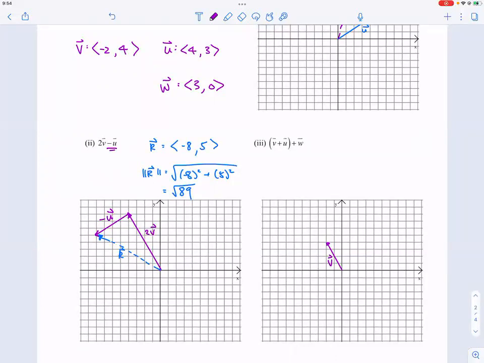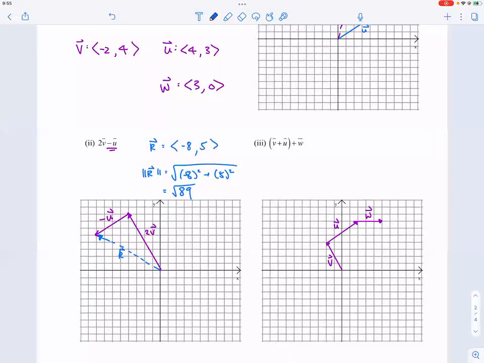And then your u vector is 4, 3, so 4 units to the right, 3 units up. That's your u vector. And then you have the w vector, and that is 3 units right, 0 up or down. So this is your w vector.